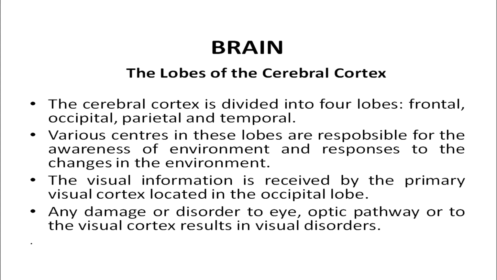Any damage or disorder in the eye, the optic pathway or the visual cortex results in visual disorders. That was about the information related to your vision, which is processed in the occipital lobe.